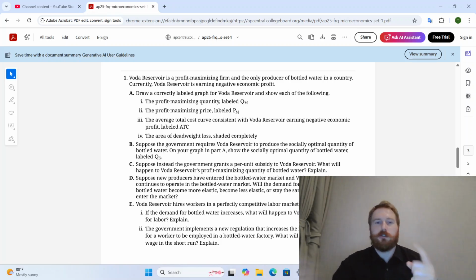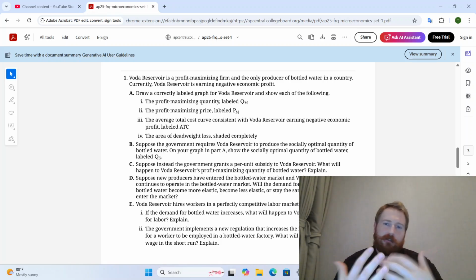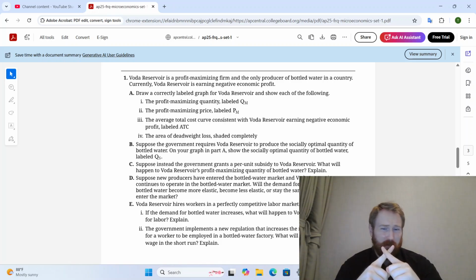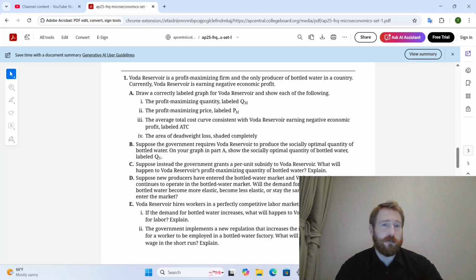So naturally, just use your little supply and demand, do that inside your head, shift things around, and it's pretty easy peasy lemon squeezy, right? Obviously, in a test, you can jot things down, but I would suggest just sticking with your fingers because your fingers are always there, and you can easily, quickly do that on a test. Go through it in the perfectly competitive labor market.